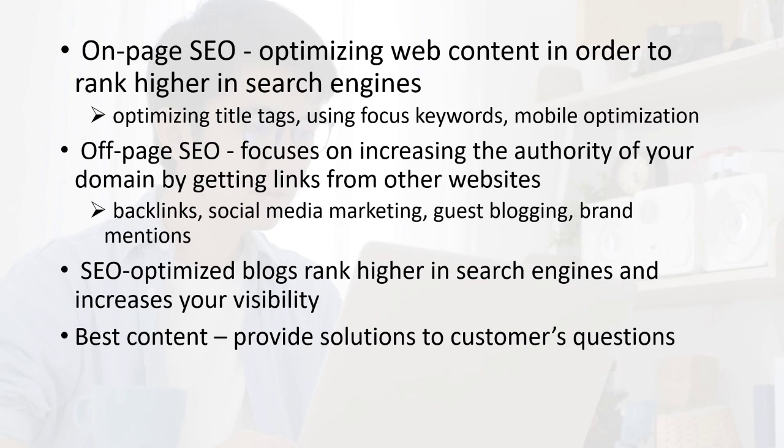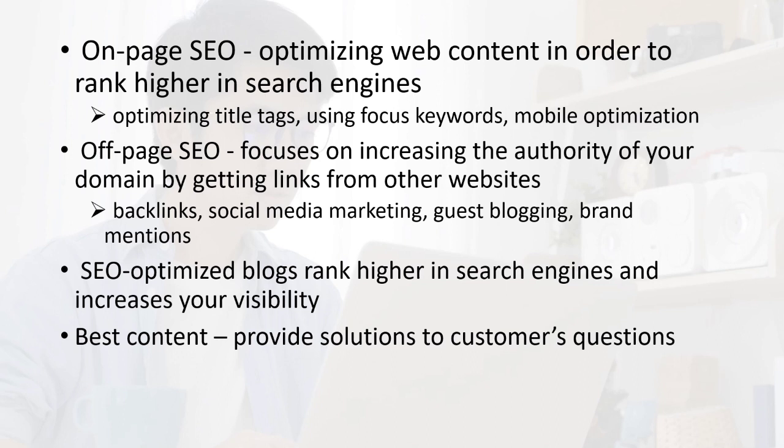On-page SEO refers to optimizing web content in order to rank higher in search engines. These techniques include optimizing title tags, using focus keywords, mobile optimization, and more. On the other hand, off-page SEO focuses on increasing the authority of your domain by getting links from other websites. This includes backlinks, social media marketing, guest blogging, brand mentions, and more.